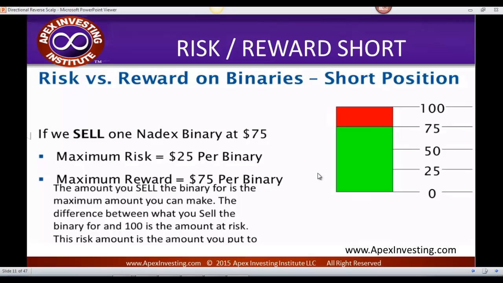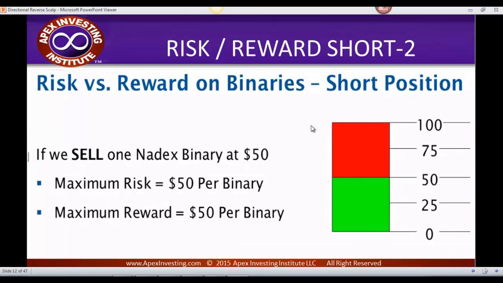The risk amount is the amount I put up to place the trade. So if I sold a Nadex binary for $75, it can go all the way down to 0, which is actually what I would want it to do going short. So if I sell for 75, I have a max profit of 75, and my maximum risk is 25. So it's the opposite of buying a contract.